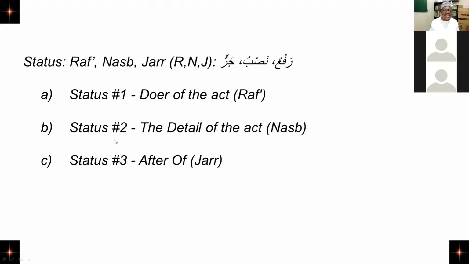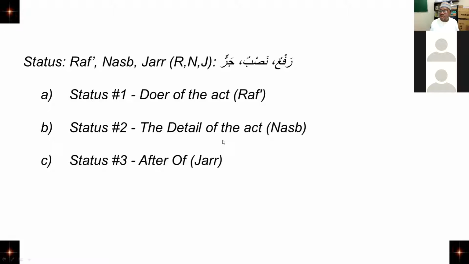Now, status number two, which is the Nasb, is the detail of the act. We call it the detail of the act, always in Nasb status. Yes, Rabi, you're right. Or we call it a victim, the victim of the act, which you can call maf'ul, right?